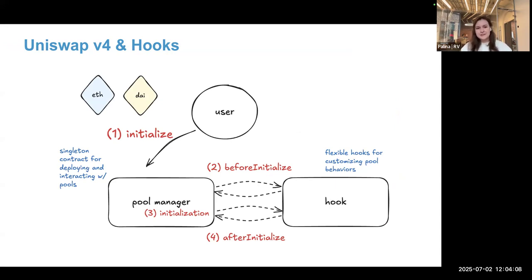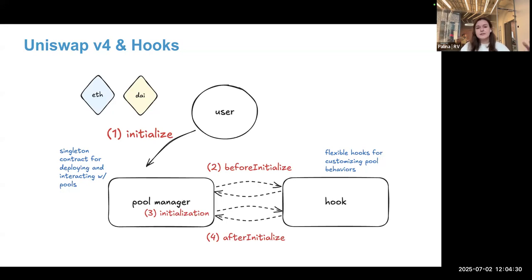But as a reminder, to set the stage, I also have this diagram here that showcases some Uniswap v4 innovations and also the flow that we are going to be looking at from the point of view of security. So as a reminder, the primary innovation behind Uniswap v4 is, first of all, the pool manager contract.